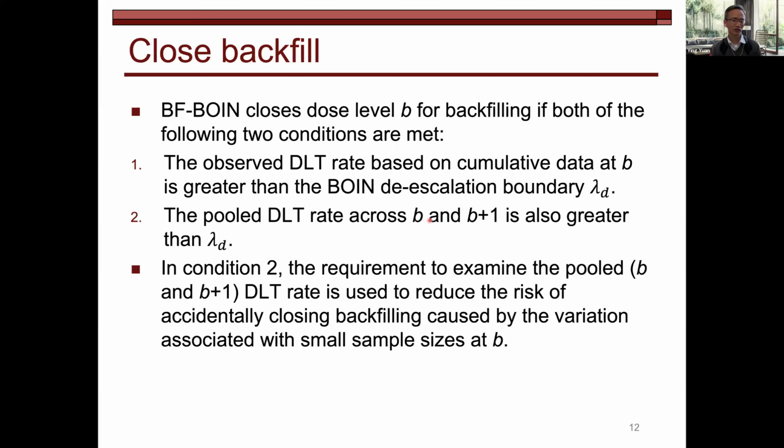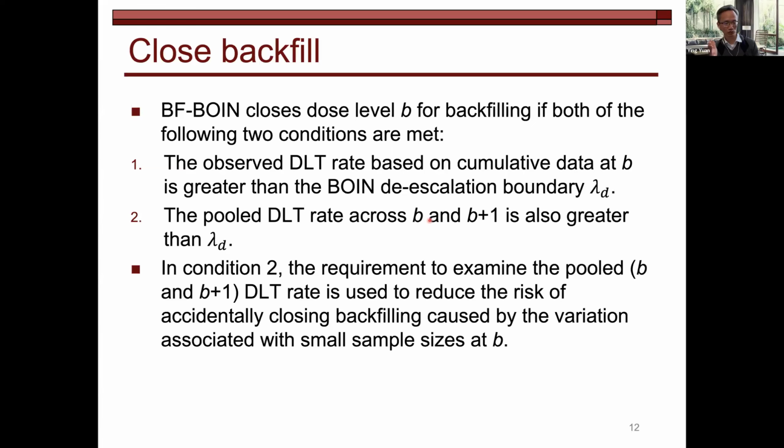The second condition is to improve the reliability of the first condition, and it says the pooled DLT rate across B and B+1 is also greater than lambda D. The reason for the second condition is that the backfill dose must be lower than the current escalation dose, and in many cases we see high toxicity.